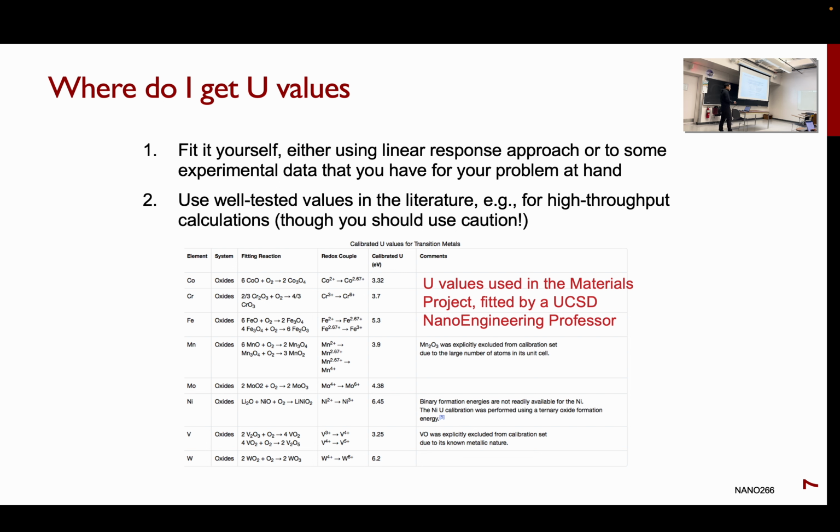Or rather the oxidation energies of these transition metals, right? So you can of course take these values as a starting point and do your calculations. Obviously, when you interpret your calculations, you still need to be careful about how you interpret them, okay?